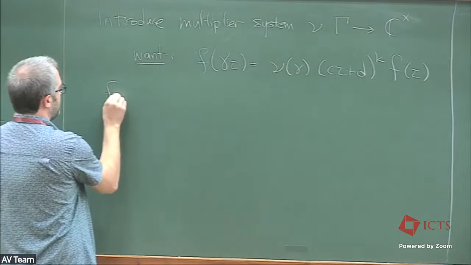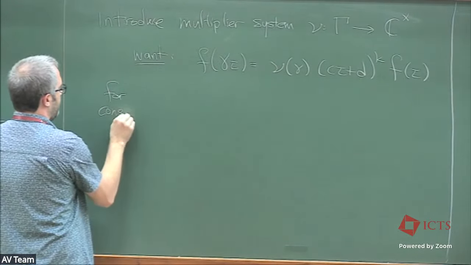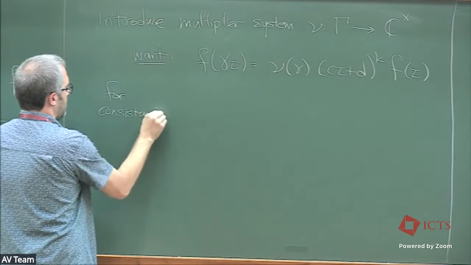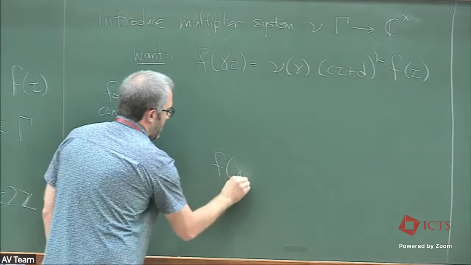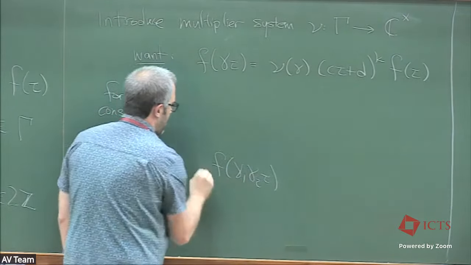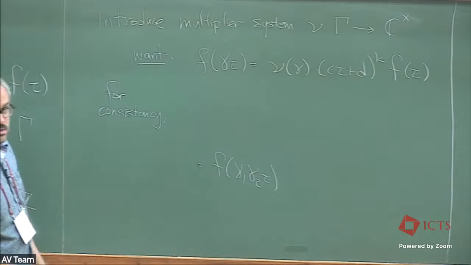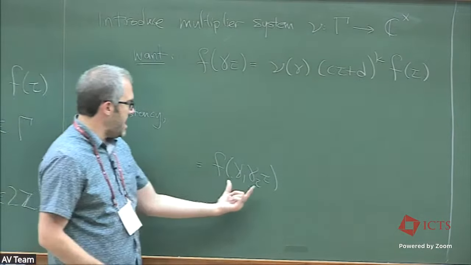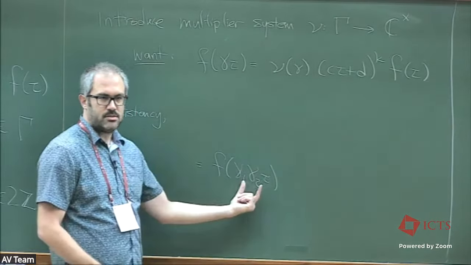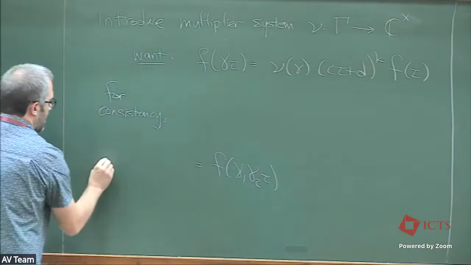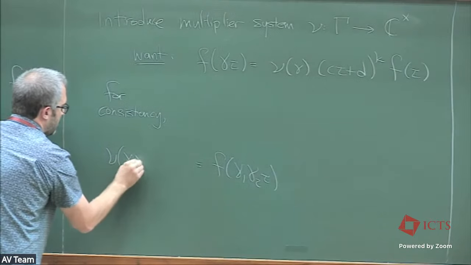So for consistency, well, let's compute f of gamma 1 gamma 2 tau in two different ways. On the one hand, we can think of gamma 1 gamma 2 as a single matrix, and so we can use this property to say this is nu of gamma 1 gamma 2.